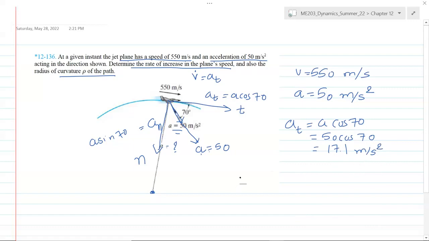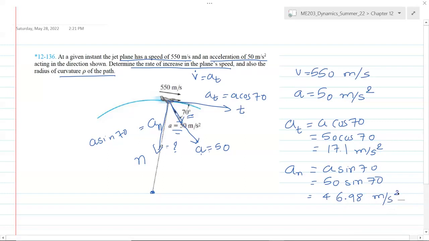This is the unit for acceleration. And an is a sine 70, which is 50 sine 70, and the 70-degree angle is given to us here. And this is 46.98 meters per second square.